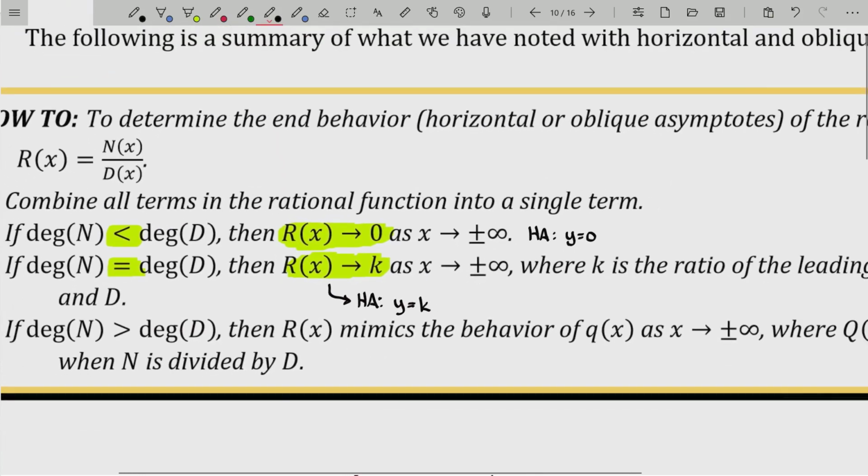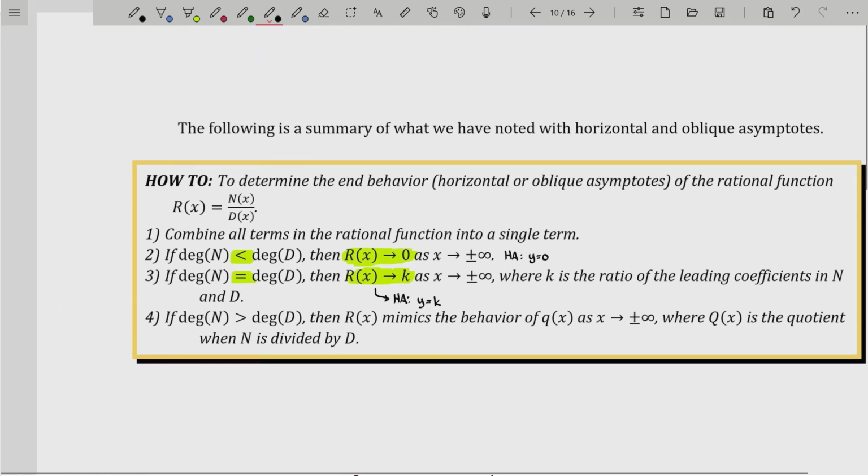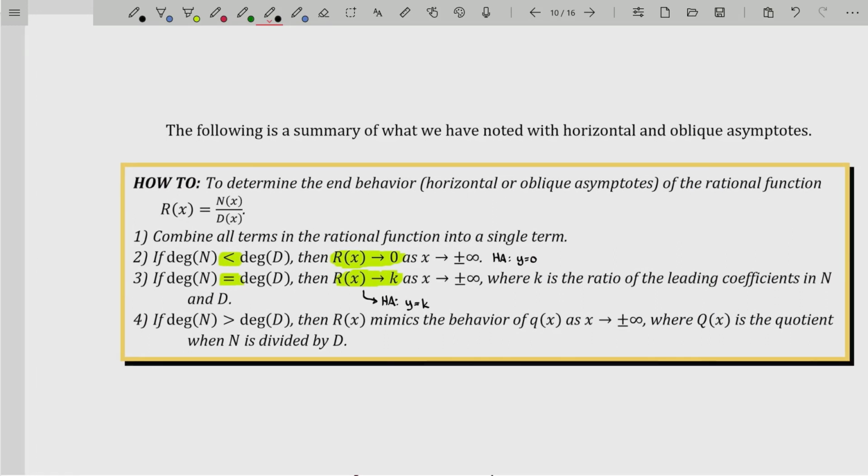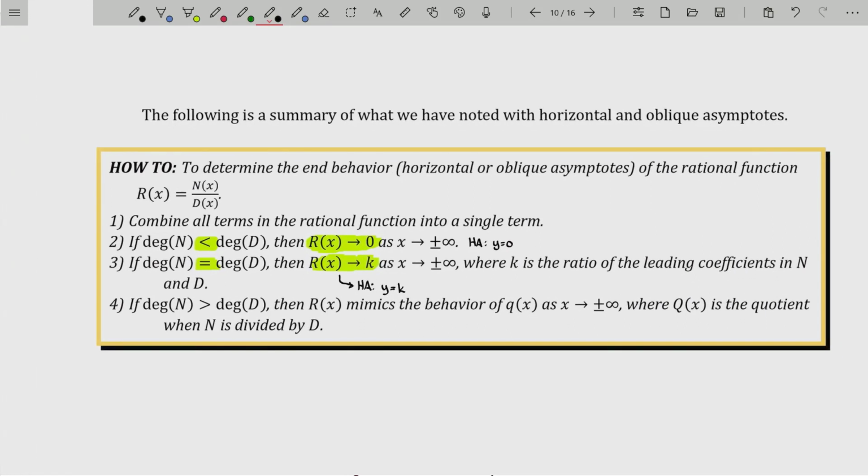But what is k? k is the ratio of the leading coefficients in the numerator and denominator. So if the numerator had a leading coefficient of 3 and the denominator had a leading coefficient of 8, then the function would approach 3/8 as x goes to plus or minus infinity.